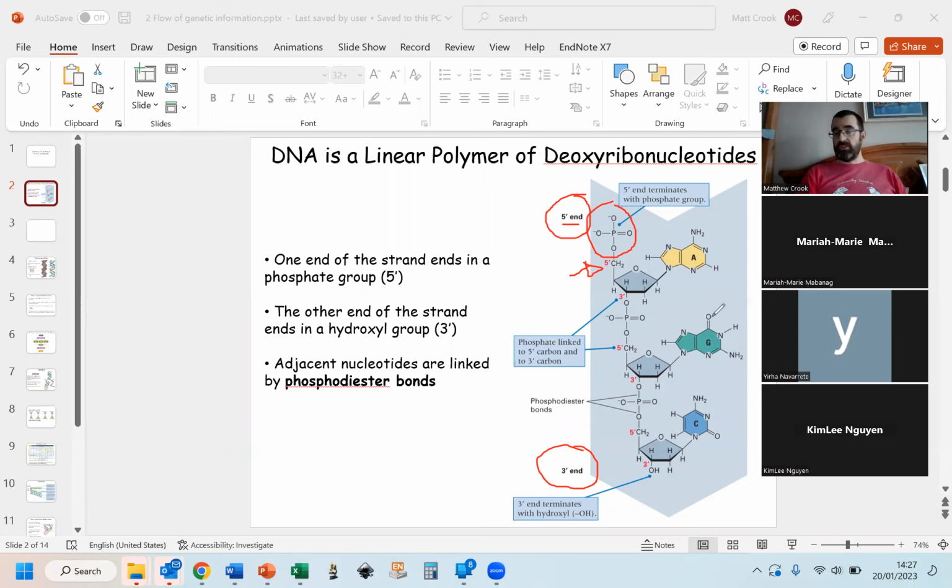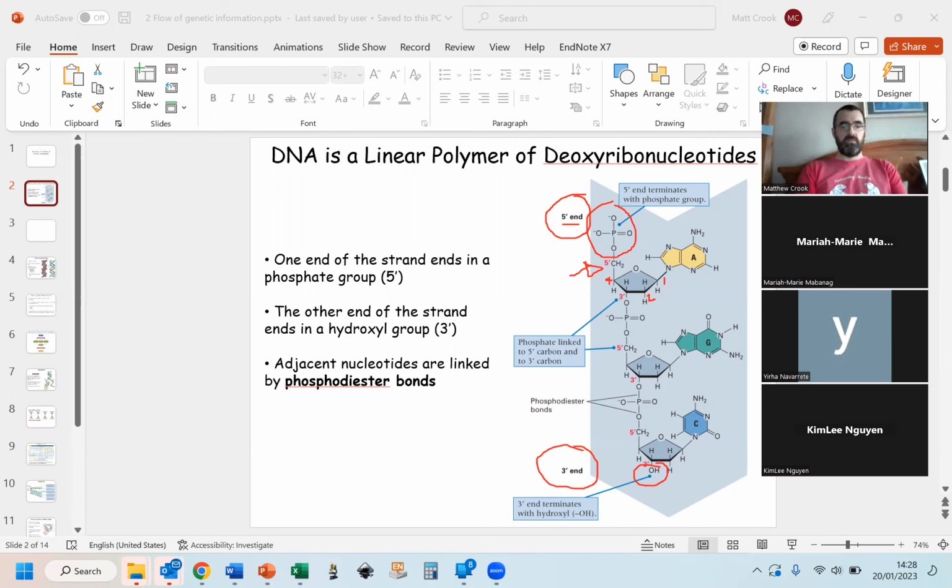All carbons in sugar molecules are numbered. Let's go 1 here, 2, 3, 4, and 5. Now the other end, we have a 3 prime hydroxyl group.